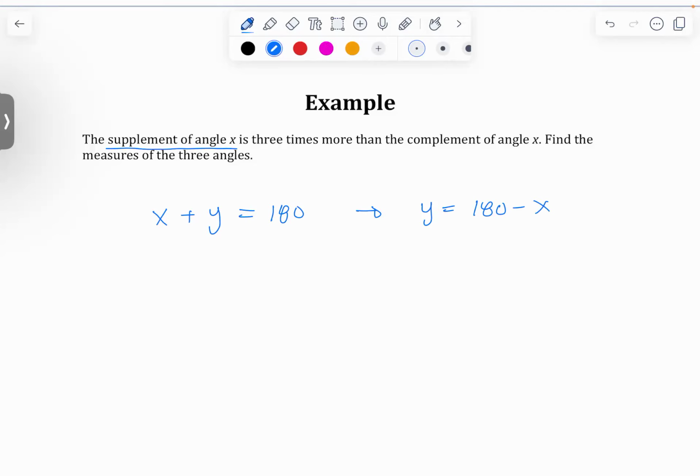That's really what that equation is saying. The supplement of angle x means y equals 180 minus x. Similarly, the complement of angle x. Let's call that one z. Complement is 90 degrees.